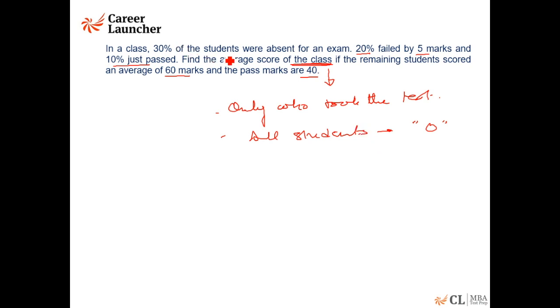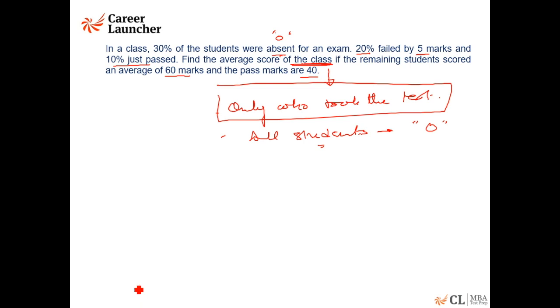Okay. So in a class, 30% of the students were absent. These 30% should be given 0 marks if you are looking at all students. Okay, the rest is fine. But if we say I need to look at only these, then obviously I don't need to worry about these.